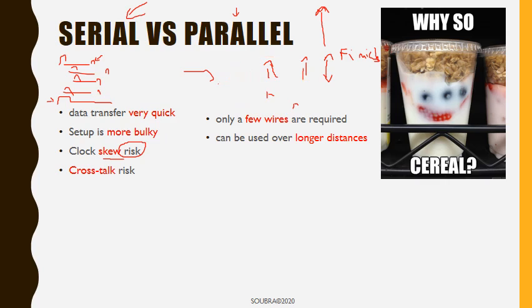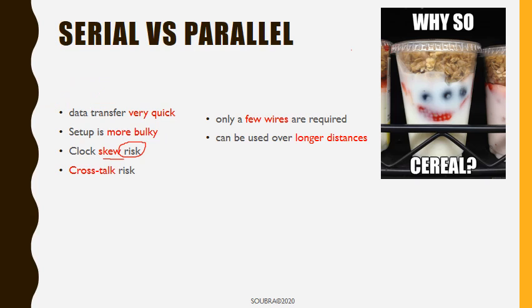So we don't have those problems. The crosstalk is not a big risk anymore, because we don't have a bunch of wires anymore, and the propagation delays between the different things are not a big deal anymore in serial communication. Alright, hence we can use them for longer distances, right?